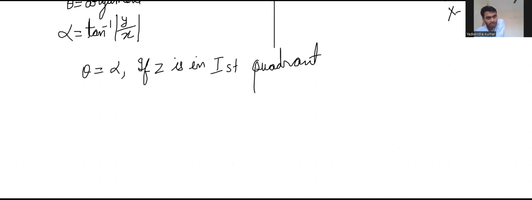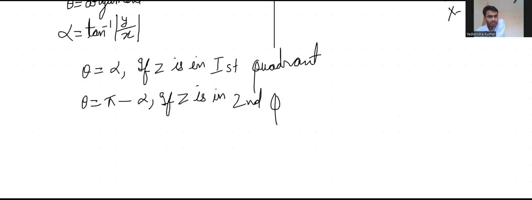If it is in the second quadrant, then this theta argument is going to be pi minus alpha. If Z is in the second quadrant, then if we are given the complex number Z in the fourth quadrant, okay, let's call the third first, right? Then theta is going to be alpha minus pi, right?